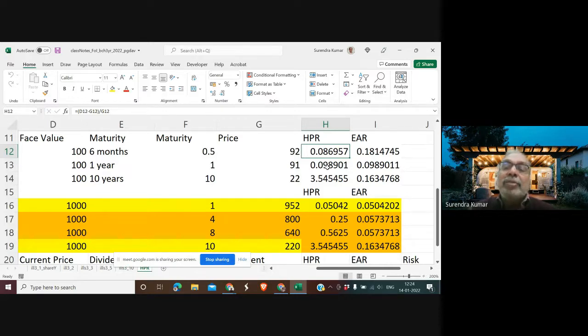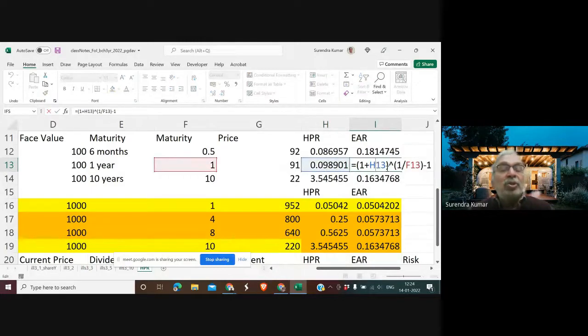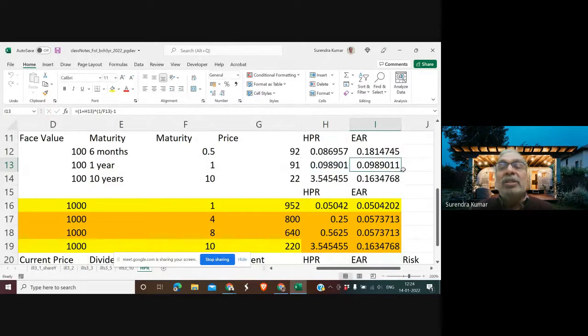So absolute return is more, and so the rate is also higher. But our effective annual return is much lower, because by keeping it for an extra 6 months, you are gaining just 1 rupee extra. You are able to buy it for 91 rupees instead of 92 rupees.